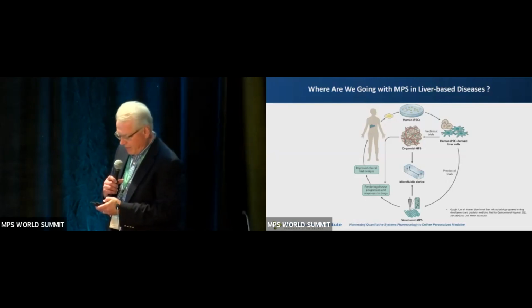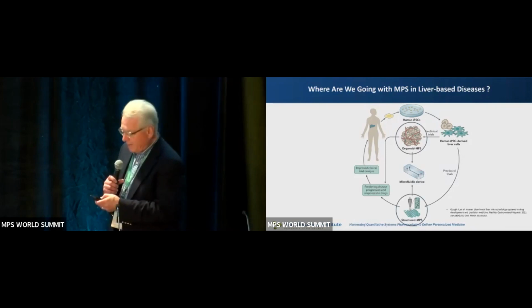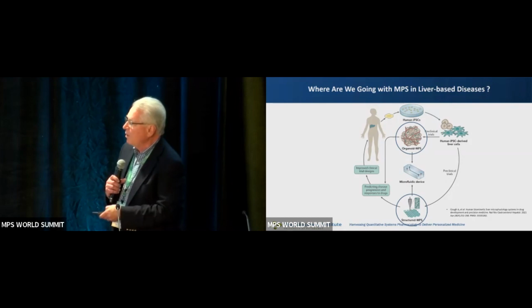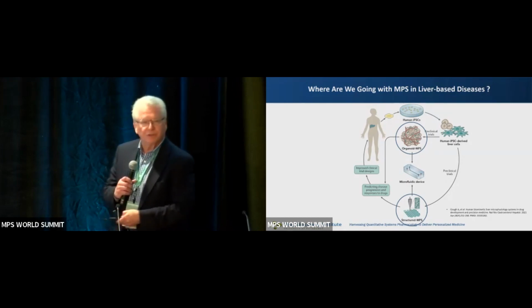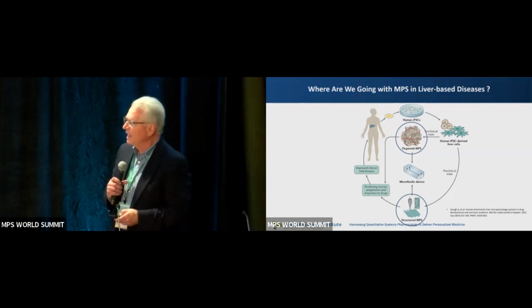They can then be combined and allowed to self-assemble to make organoid MPS, or physically layered or bioprinted to make structured MPS, which is what I'm going to focus on today.